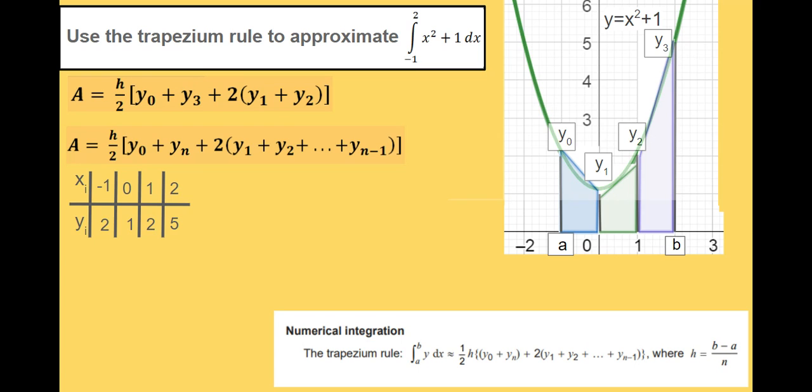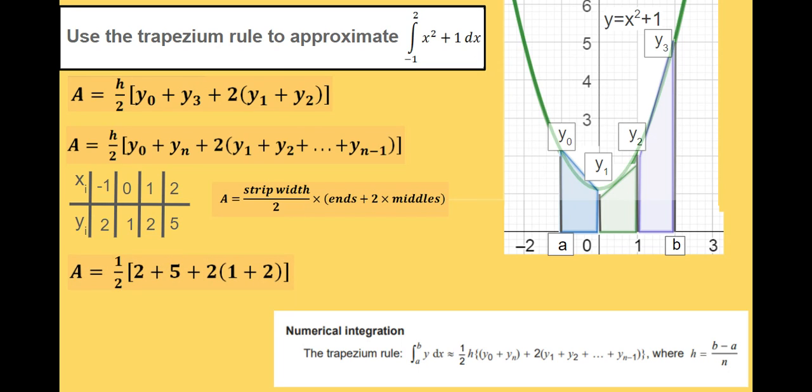And then inside, we've got the sum of all the y coordinates from the middle of trapezia up until the penultimate y ordinate. One way of remembering this is to say it's the strip width divided by 2 times the ends plus twice the middles.